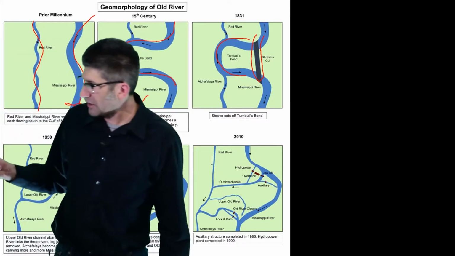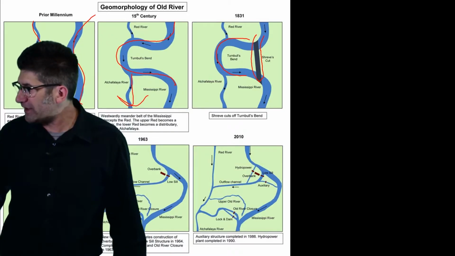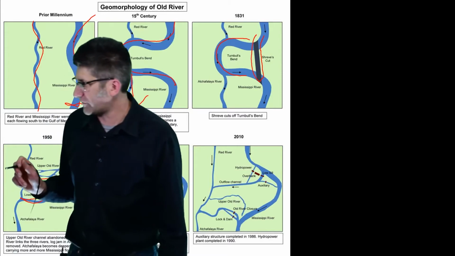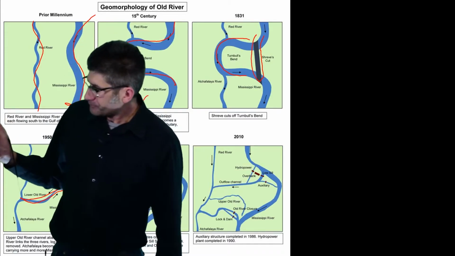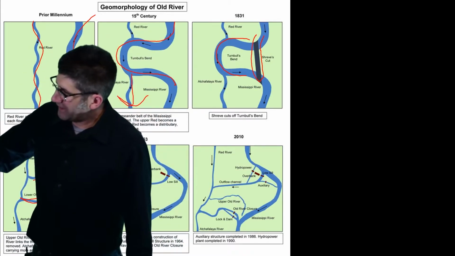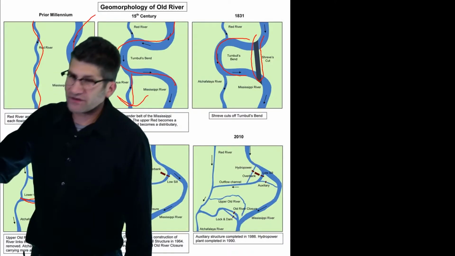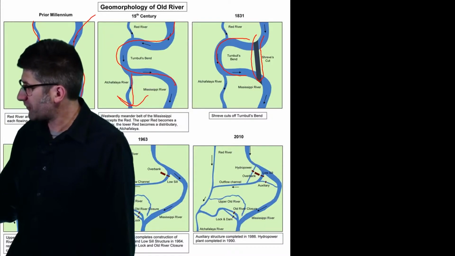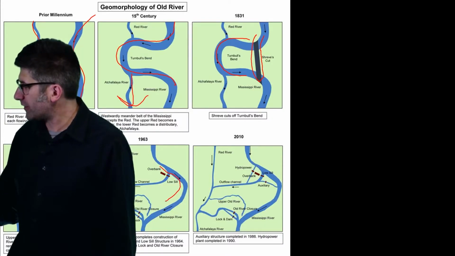We call one on the top the Upper Old River, and the one on the bottom the Lower Old River. The Lower Old River was more open, and so you actually had boats that could go back and forth across the Old River. Now, what we've started to do since then is we've started to construct a series of control structures that keep the majority of the water in the Mississippi River.